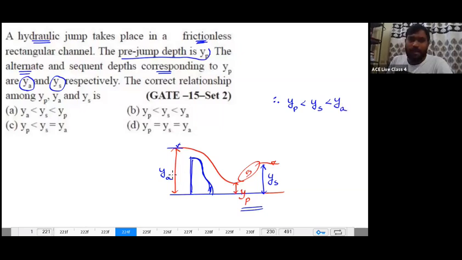You know that the alternate depth is more than the sequent depth, or not? I told you one point in hydraulic jump: due to eddy losses, the water level falls short of its alternate depth, known as the sequent depth. So this is the answer, option B. These types of questions can be expected in the IES also.